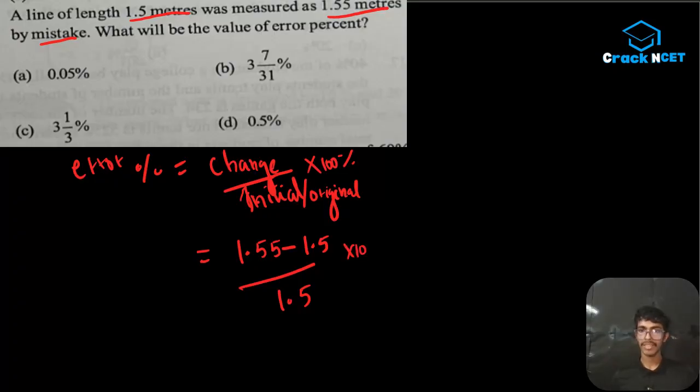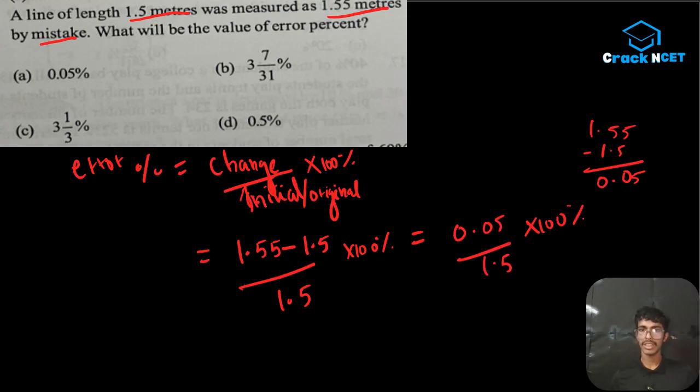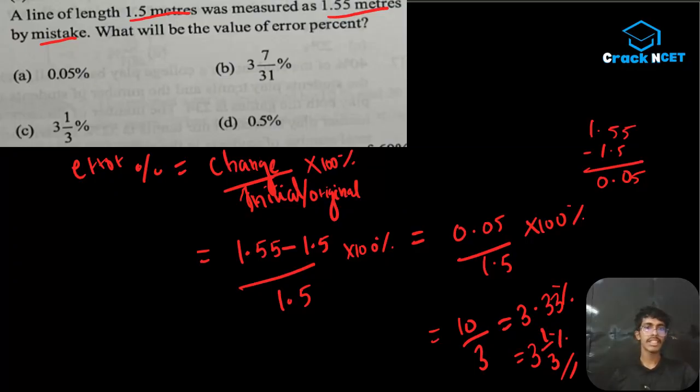So 1.55 minus 1.5 is 0.05, divided by 1.5 into 100 percentage. Its value comes out to be 10 by 3, which is 3.33 percentage, or we can also say 3 1 by 3 percentage.